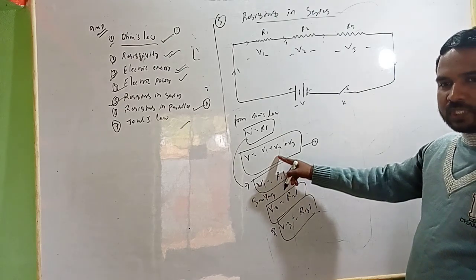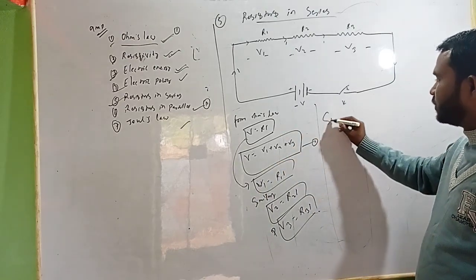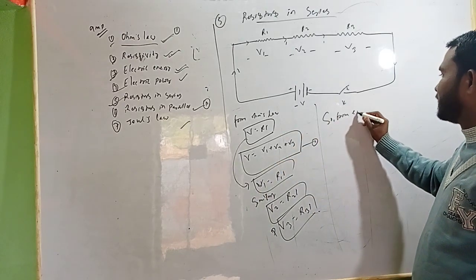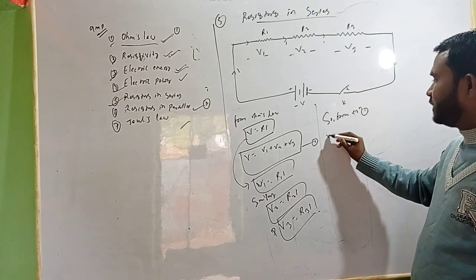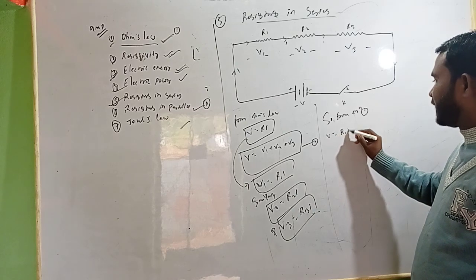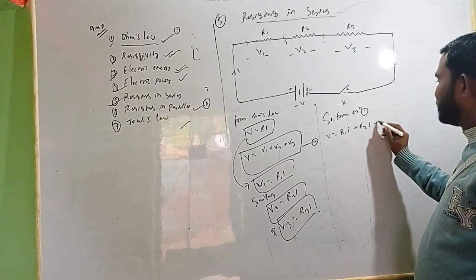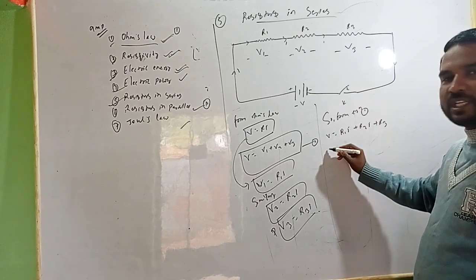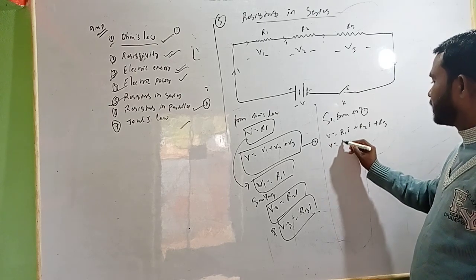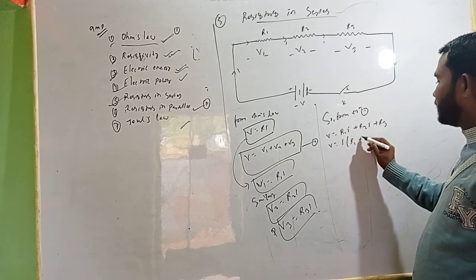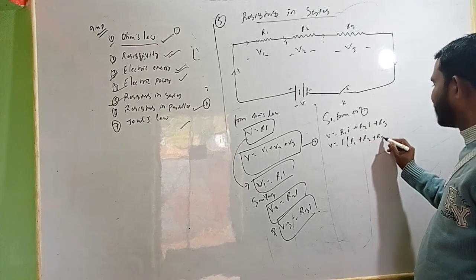Now you can substitute in equation 1. So from equation 1, put these values, then you will get V is equal to R1 I plus R2 I plus R3 I. What will you take common? Okay, I you can take. So here it will be R1 plus R2 plus R3.